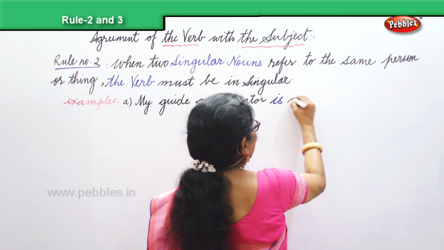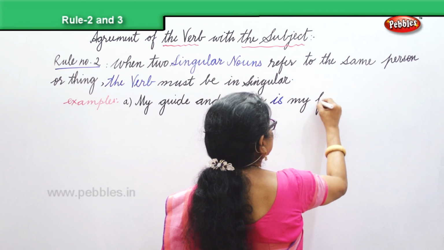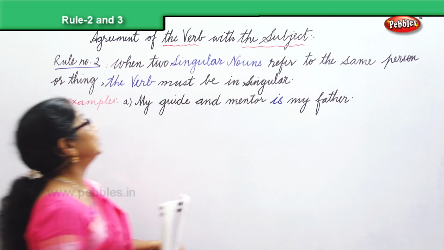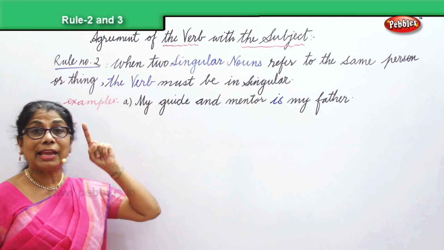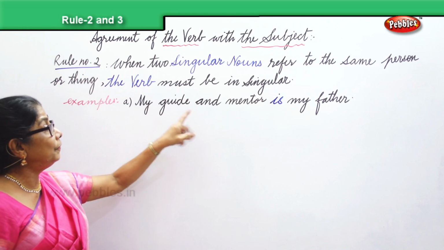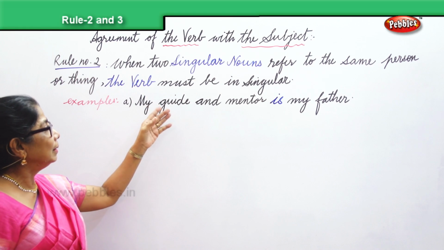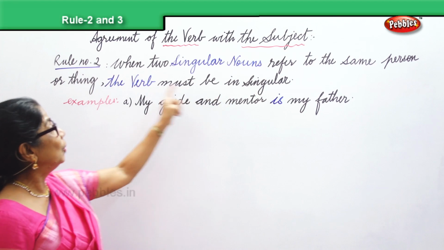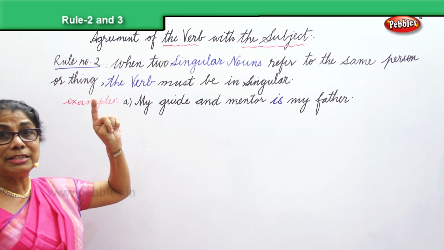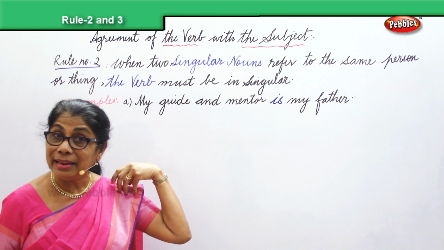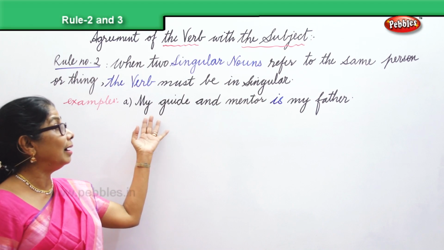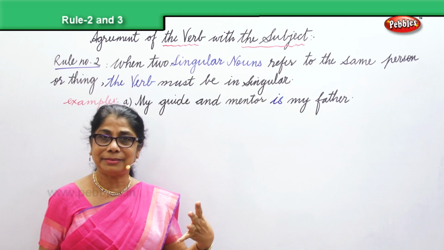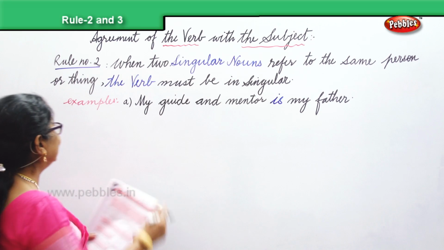Is my dad or my father. Look at the rule. The rule says, when two singular nouns refer to the same person, the guide and the mentor both are same person. Therefore, the verb must be singular. My guide and my mentor is my father.